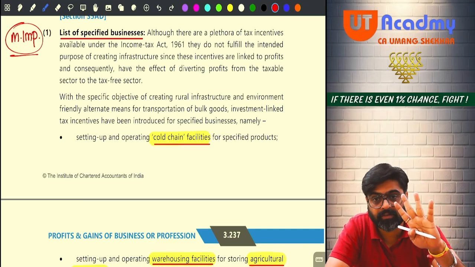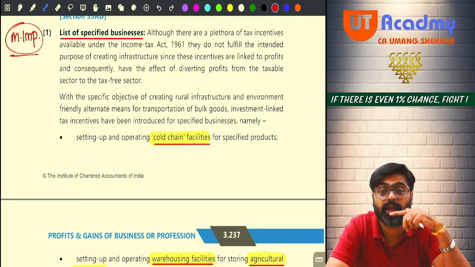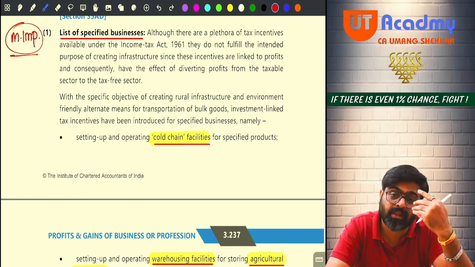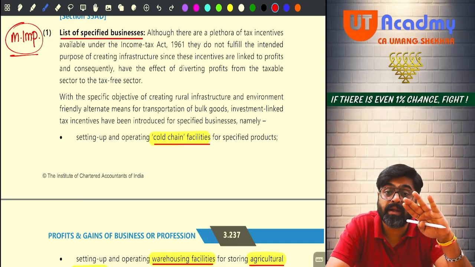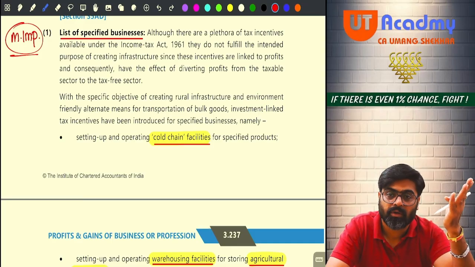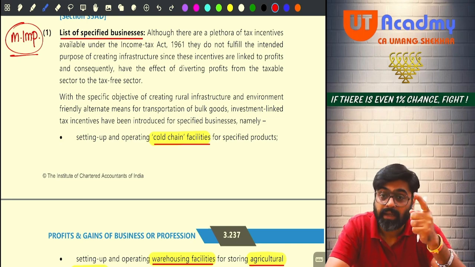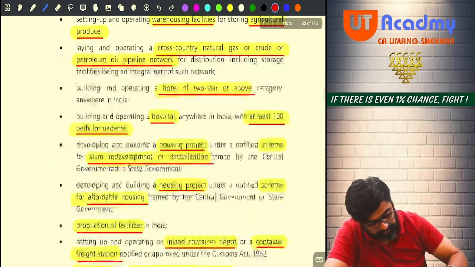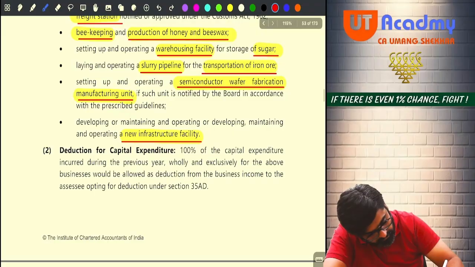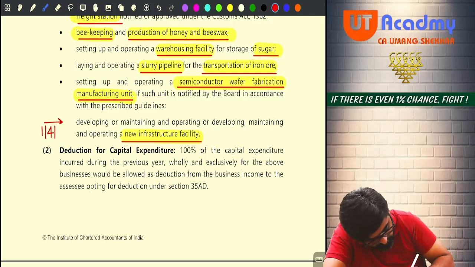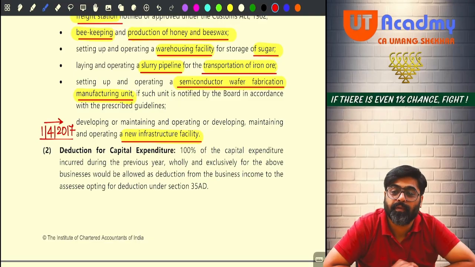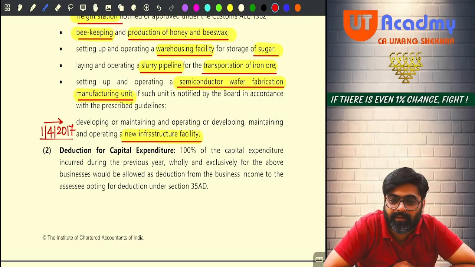The oldest businesses here are cross-country natural gas pipeline, crude oil pipeline, slurry pipeline, etc. But the latest business whose name was inserted in section 35AD is this business, inserted in 2017.